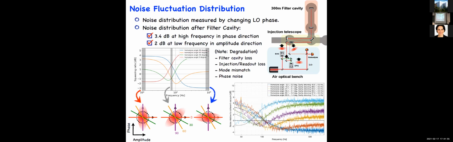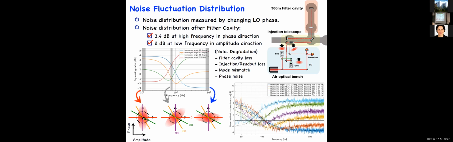You can see from this experiment result, in high frequency, we can squeeze about 3.4 decibel in the phase direction, but in low frequency, we can reduce the noise fluctuation about 2 decibel in the amplitude direction like this.